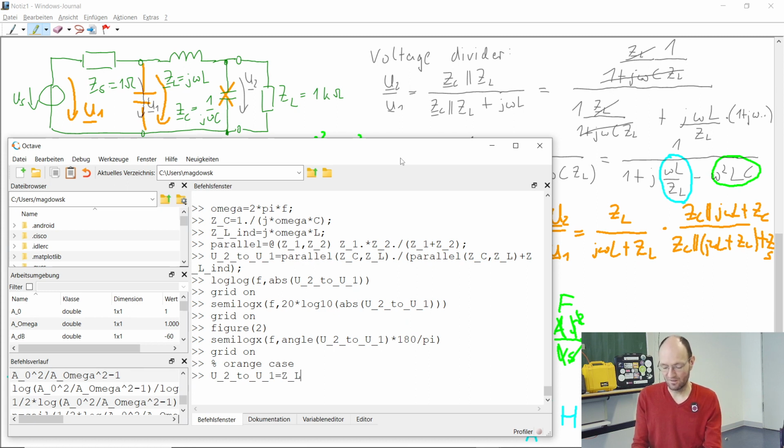Okay, so ZL divided by ZL of the inductor plus ZL. This is the first fraction. And then multiplied with the parallel circuit of ZC and the parallel branch, which is ZL of the inductor plus ZL.